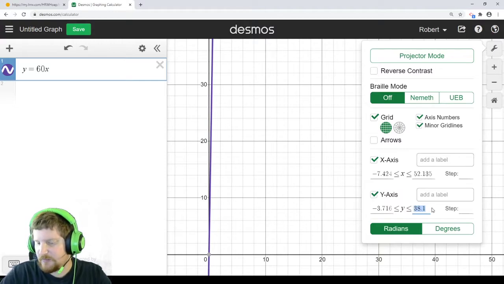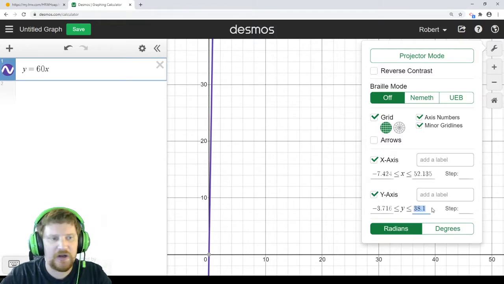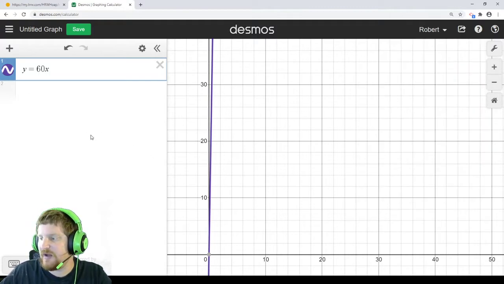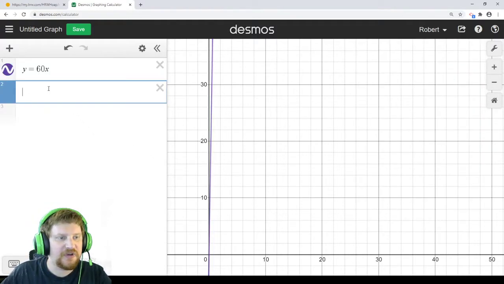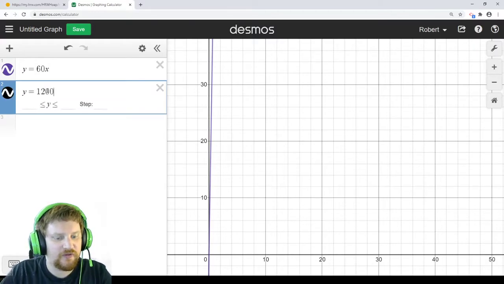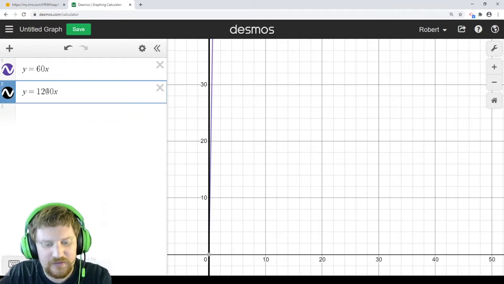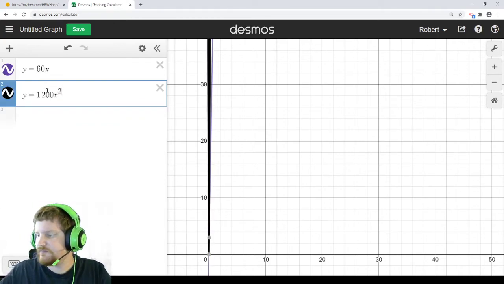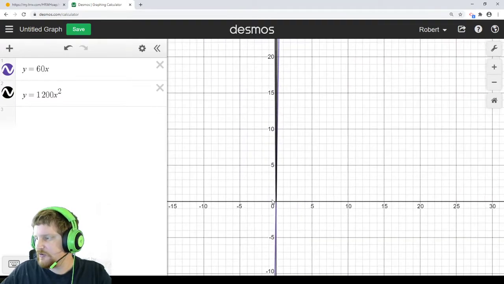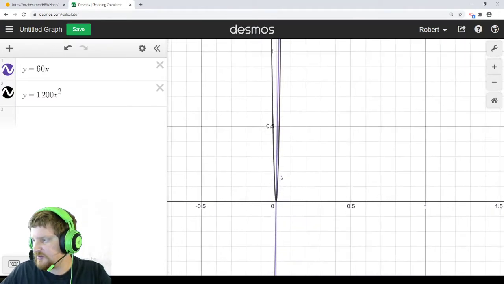Now on the y-axis, I'm actually going to go to, because this is in hours, and our numbers are about to get very, very big, so I'm going to end up having to zoom out here because our distance in the second case, they said it was 1200 x squared. So we have to zoom way in here.